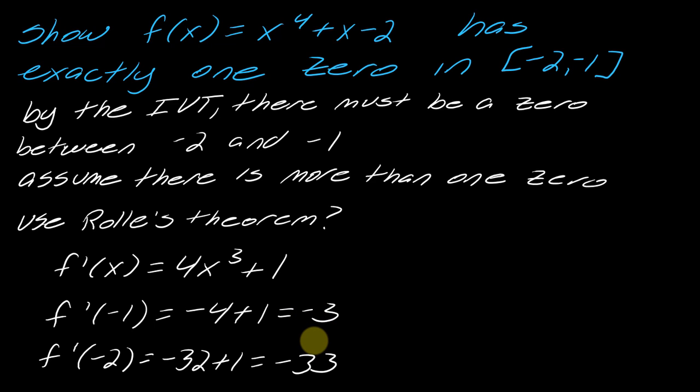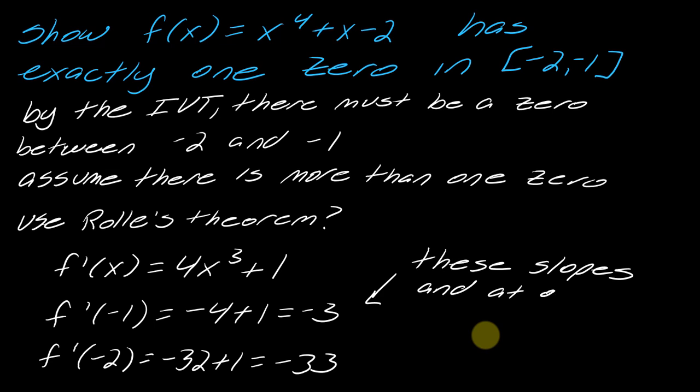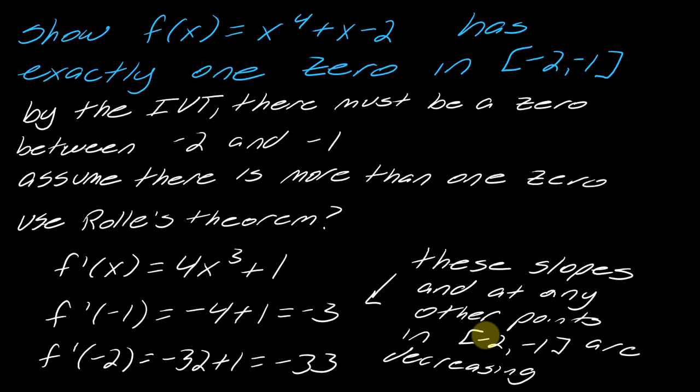So if these are negative, then anything else in there will also be negative. And if the slope is negative, then what does that mean about the function? It means that the function is always decreasing. Okay, so who cares? Why does that matter? So think about what it means for a function to just always be decreasing. Maybe we should draw a picture of this.